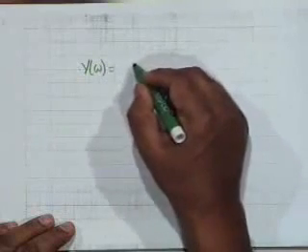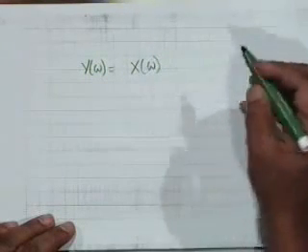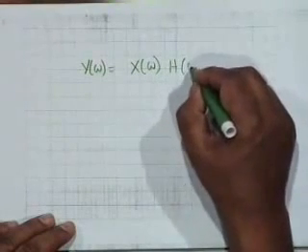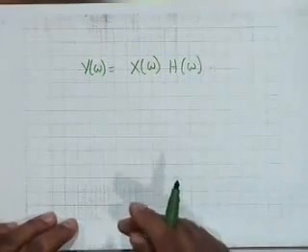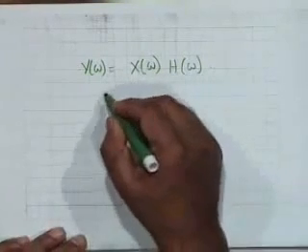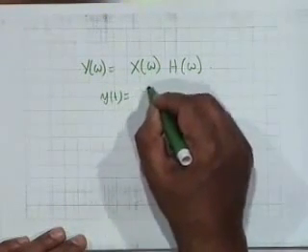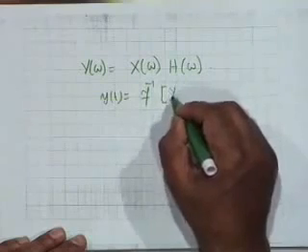What you essentially do is find capital Y of omega, which is equal to X of omega, the spectrum of the input signal, multiplied by the frequency response of the system, and then find y of t as the Fourier inverse of capital Y of omega.